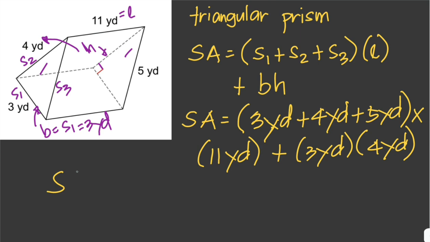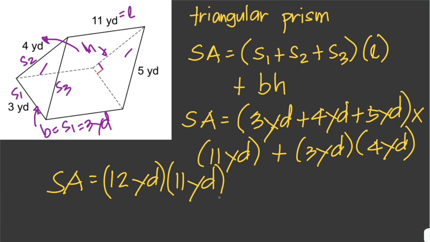Then we simplify everything. That would be 3 plus 4 plus 5, so that would be 12 yards times 11 yards plus 3 times 4 is 12 yards.